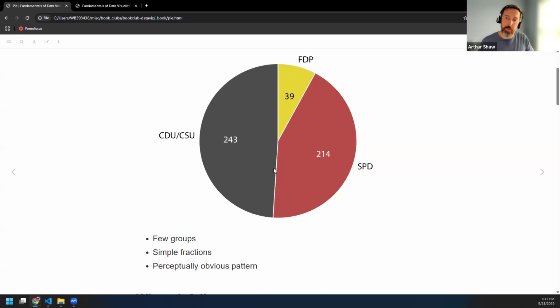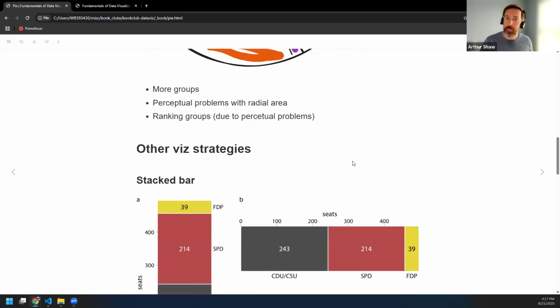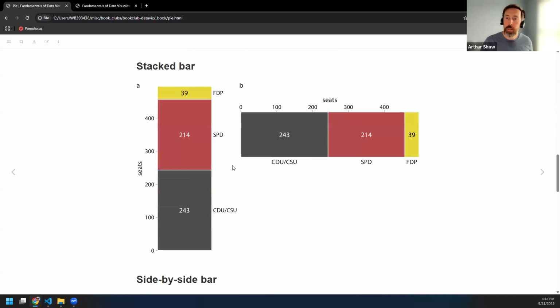As a DataViz designer, you could probably order the slices of the pie in such a way that the pattern is more perceptually obvious, but if you're just mass producing these kinds of things, you would fall short, and you might be better served by something like this.